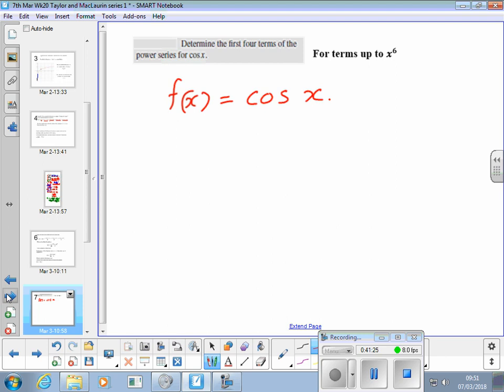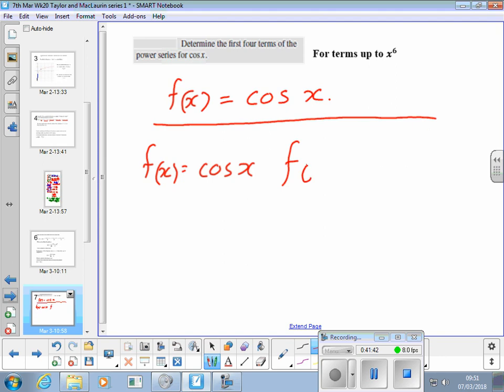What does f at 0 equal? 1. Yep. Next step, differentiate the function.